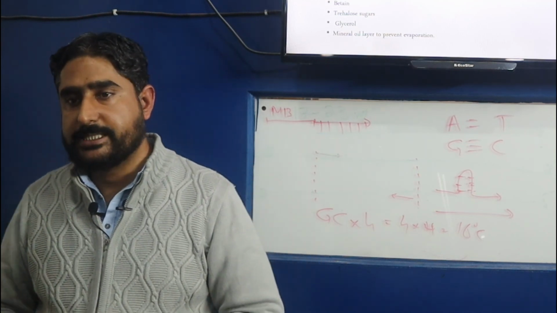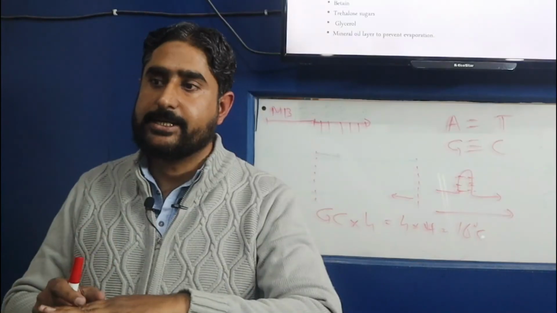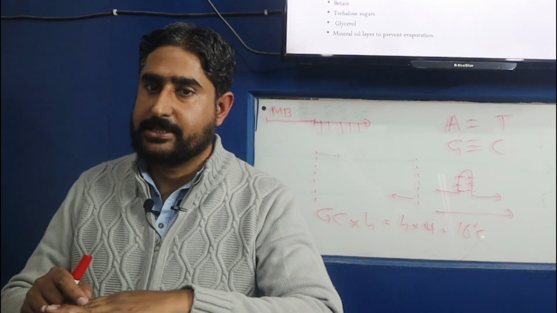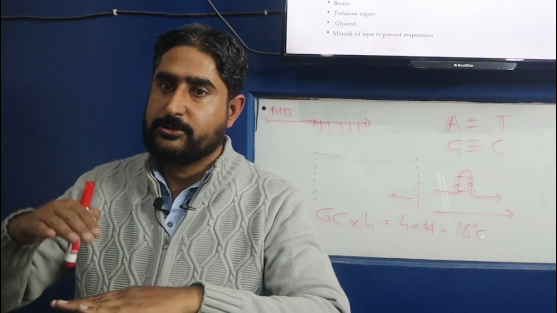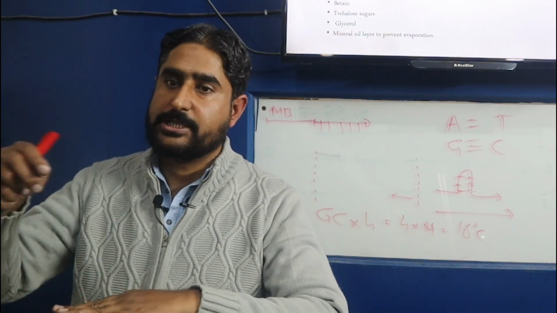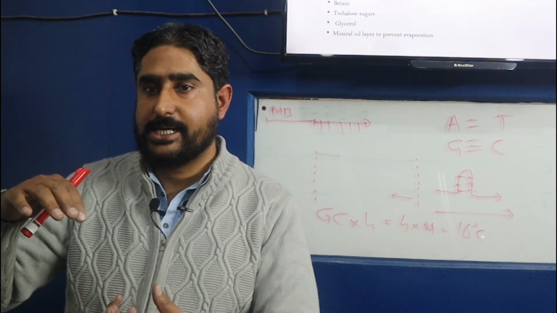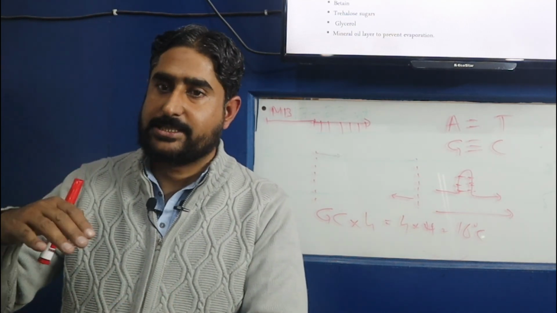Normally we keep the lid temperature of the PCR about 10 degrees higher than the annealing temperature, so that when the thermal block is at 94 or 96 degrees centigrade, a sufficiently high temperature, the water tends to evaporate towards the lid of the PCR tube. If the water evaporates towards the lid, the concentration of reagents in the tube has changed.